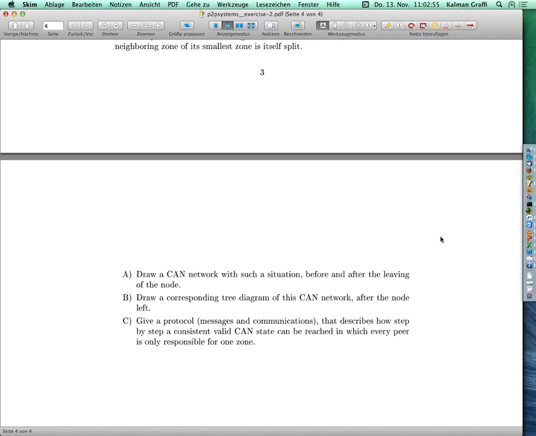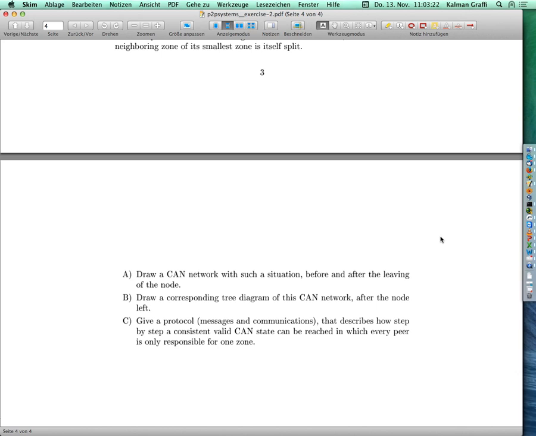So K could take over my part, like this. K, and J is the new responsible one up here, and everything is fine. Yes? That's easy, because here he could give up his old zone, so he doesn't have to keep it. He took over the one, and that's good.